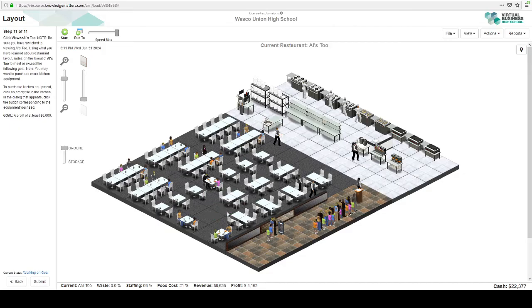See, in reality, we wouldn't be able to do these things while the customers are here. We would have to wait until the restaurant closes and then move stuff around and order more equipment. Sometimes the tables just don't want to move. Oops, that's not what I wanted to do.